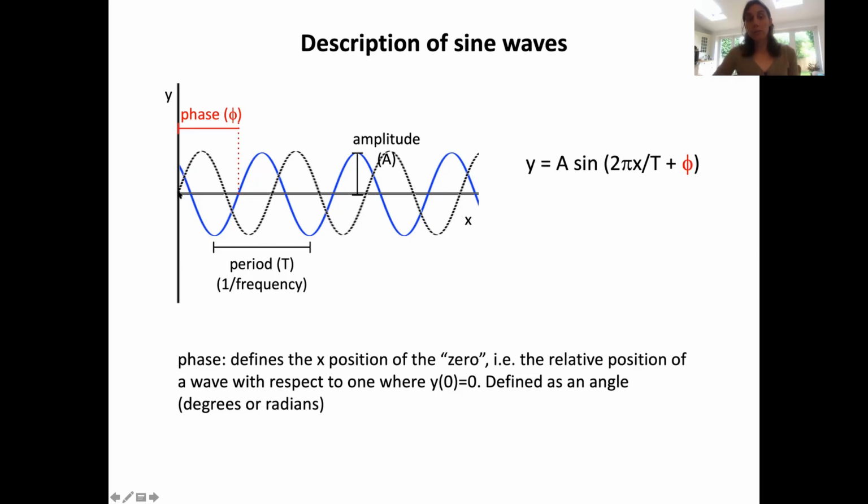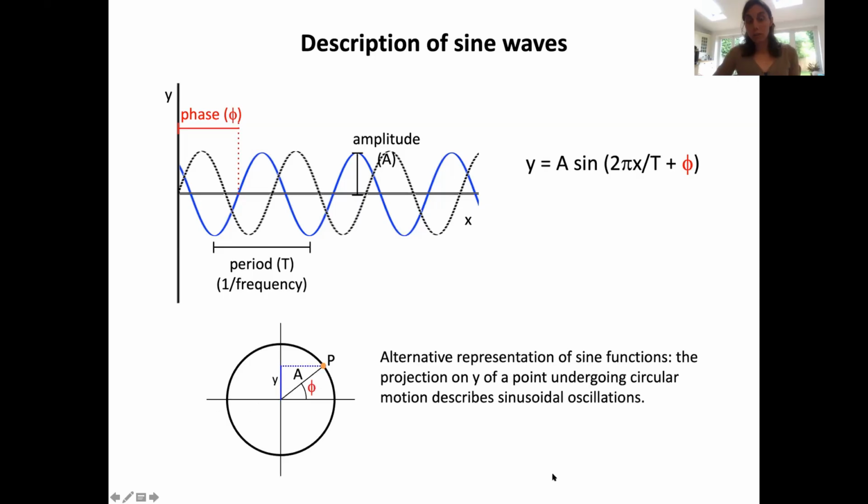So this can be defined as an angle. If you imagine that you have a point P going around a circle, and we consider the projection of this point along the y-axis, for example, we can plot the position along y of the projection of P as P goes around the circle, and this position of the projection will form a sinusoidal function.